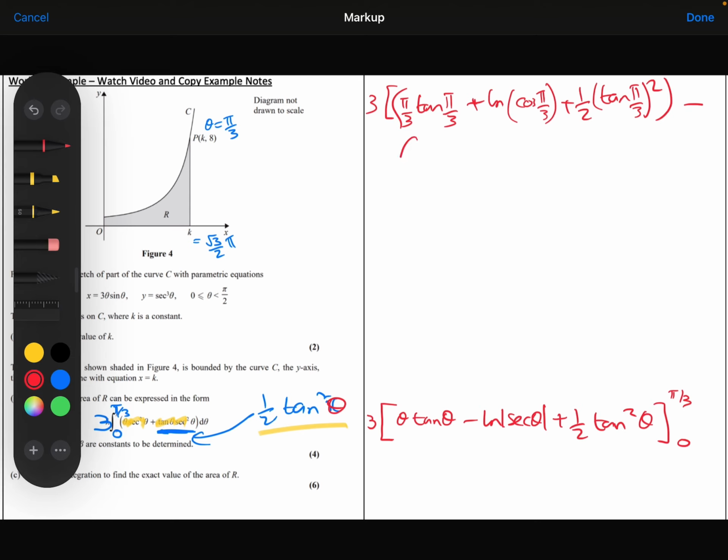So that's me substituting in the pi over 3. Now let's substitute the 0 in. Well, substituting 0 into theta at the front here will just become 0. So then I've got ln of cos 0 plus 1/2 of tan 0 squared. Right, so I've got pi over 3 times tan pi over 3. The tan pi over 3 is root 3.